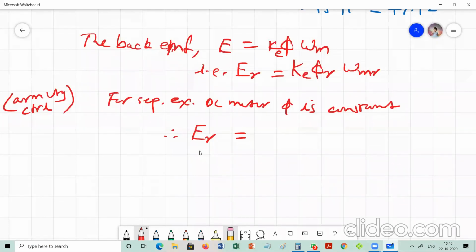So we are dealing with the armature voltage control method, and for that phi is maintained constant. So ER is equal to, instead of K phi R, we can write K into omega mr. Therefore K is equal to ER by omega mr. We know the value of omega mr. We have to find out ER.